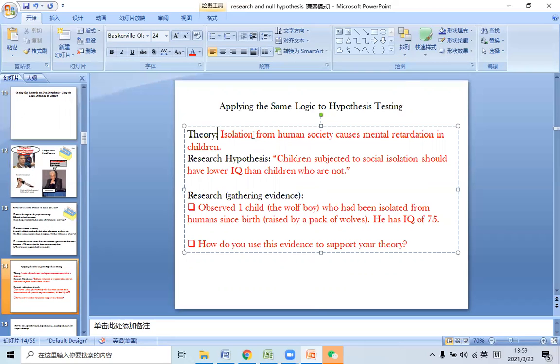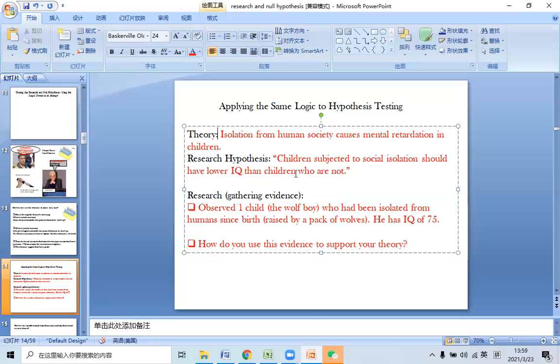That is your theory. Based on this theory, you can come up with a hypothesis: children subject to social isolation should have lower IQs than kids not subjected to social isolation.